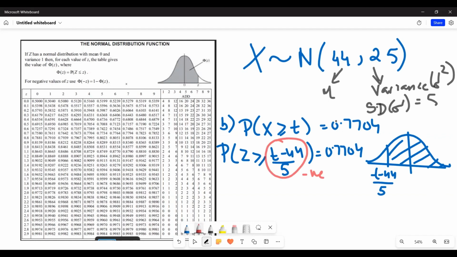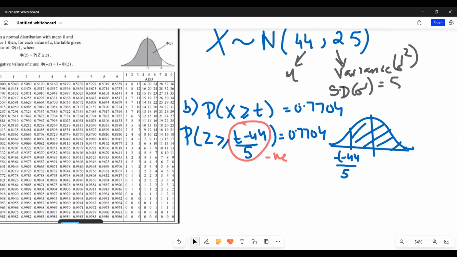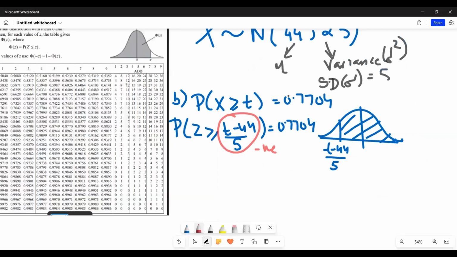Okay. So that means we have to change it into the positive side. We have to make it positive so that we can read the table. So instead, we're going to find this probability. So this is going to be negative of this. For example, this is, let's say, negative 0.1, then this would be 0.1.